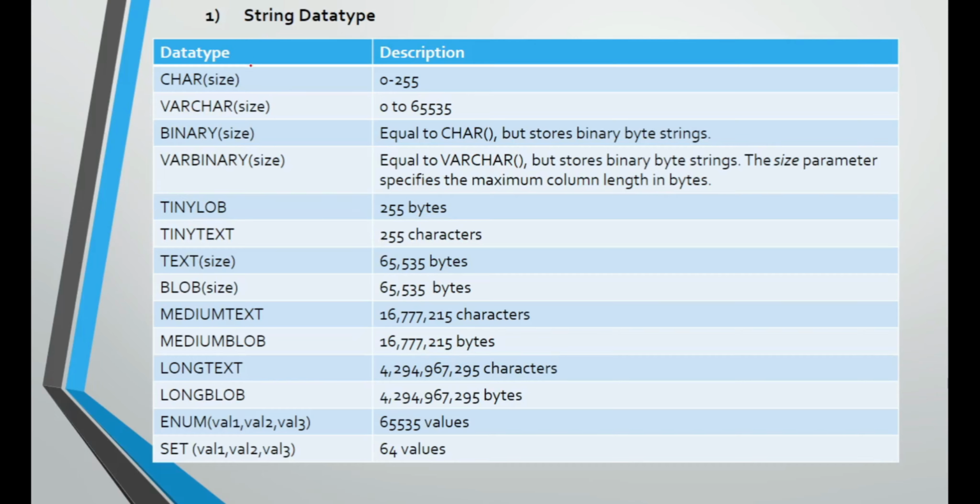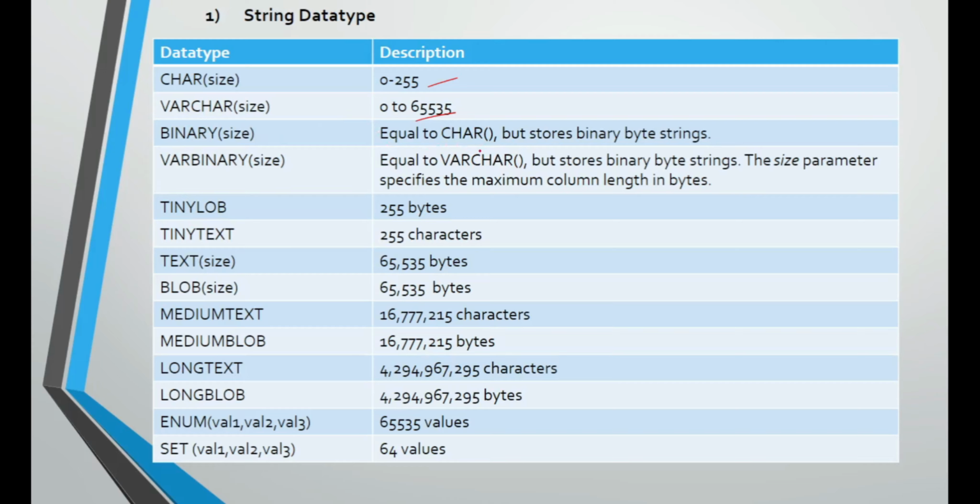In string data types we have these data types available. The first one is char. Here we can see this is the limit of the size, meaning we can save up to 255 characters in the char data type. Similarly we have varchar. In this we can save up to this limit. Then we have binary.